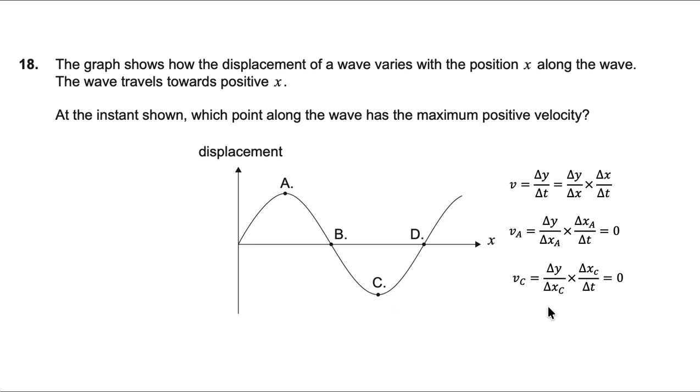Now the question next is, which one of these, B or D, has positive velocity? For this, we need to think about the gradient itself. If our wave moves in the positive direction, then you can see that this point here, A, is going to move to the right.